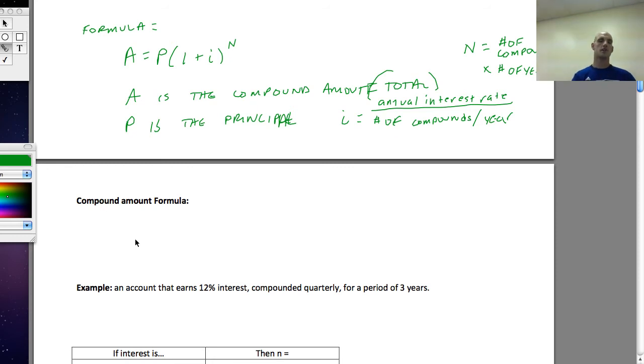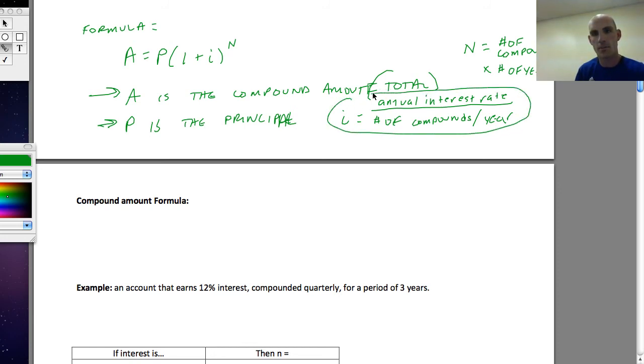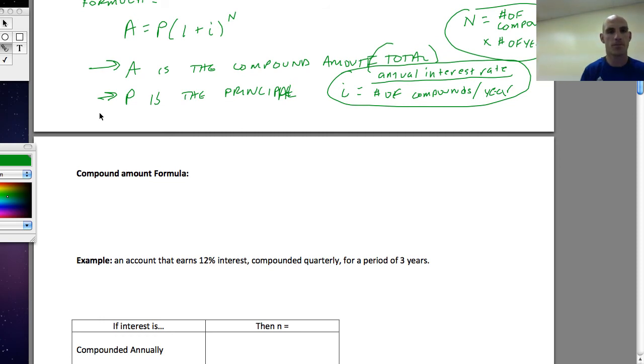Okay, so A is the total amount that we're going to get. P is the principal again. I is the annual interest rate over the number of compounds per year, and N is the number of compounds times the number of years, the total number of times you're going to be compounding this. Okay? And so that is where we're going with this.